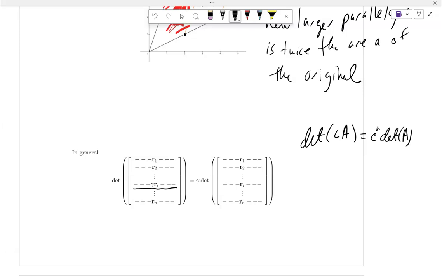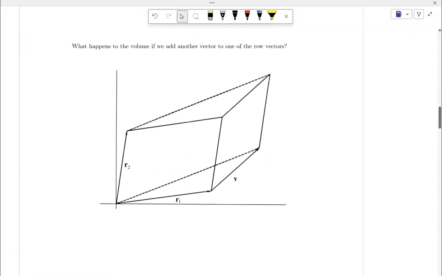All right, so what else might we want? Let's look at the next page. This one says, what happens if we add a vector to one of the other row vectors? Now, you might notice what I'm trying to do here. I'm trying to relate this to stuff that we've already done.